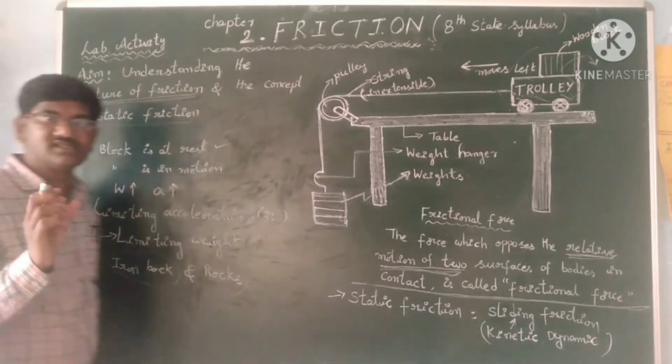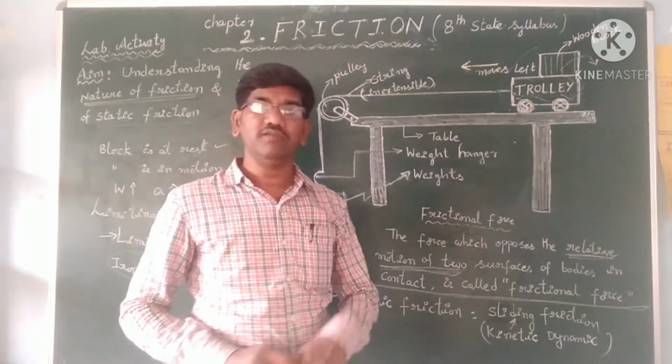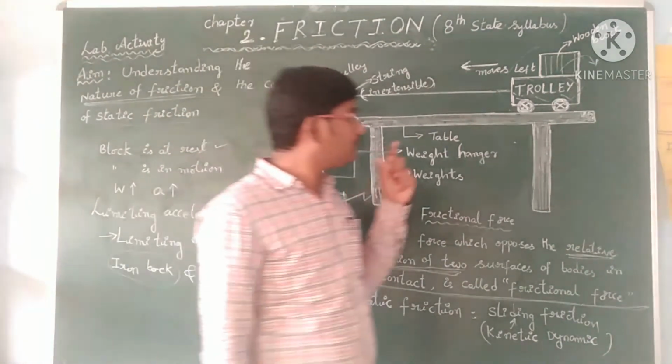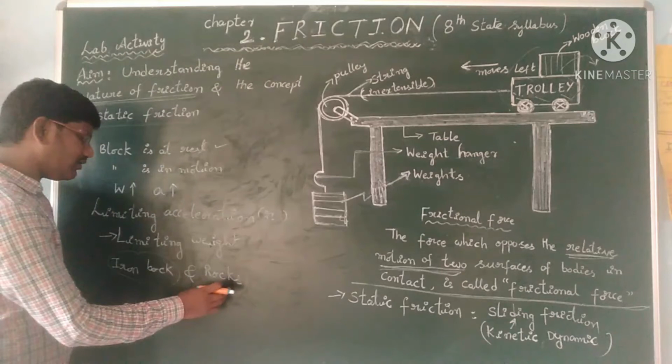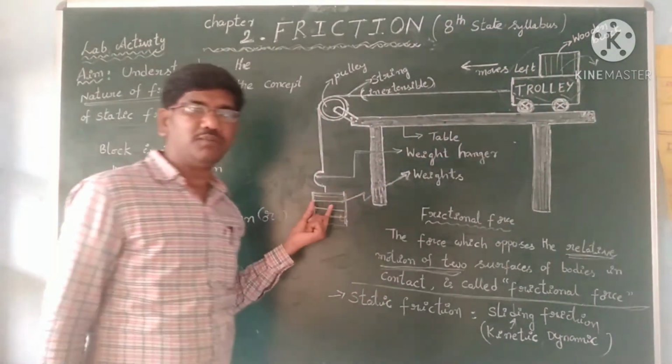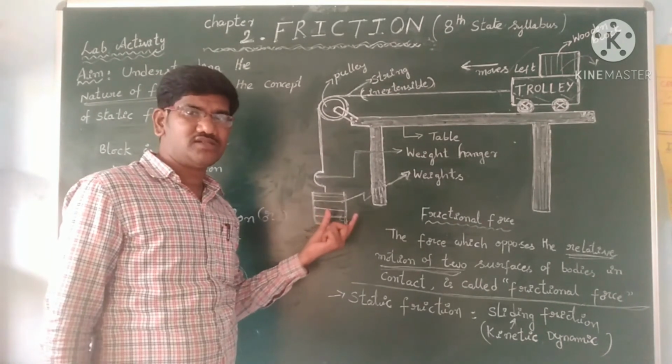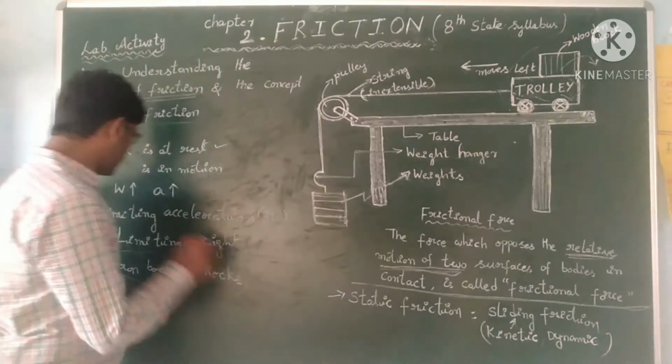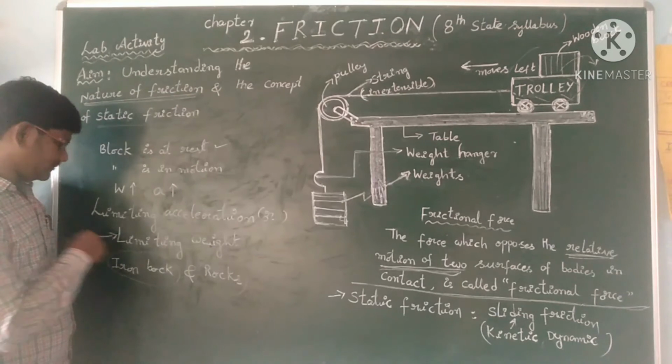Then I won't get the same limiting weight, even though the masses of the iron block and rocks are the same, as you keep weights in the weight hanger and identify the limiting weight.